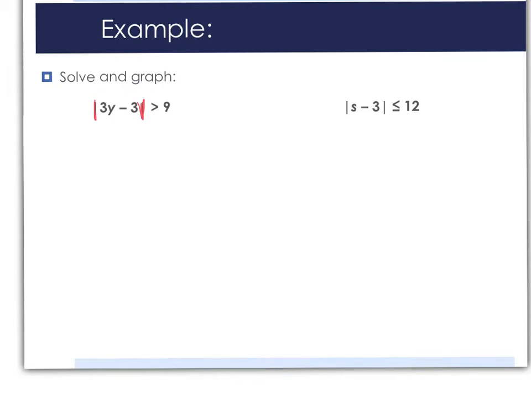Whatever is inside, 3y minus 3, can either be greater than 9, or 3y minus 3 is going to be, and now here, because it's negative 9, we're going to flip the switch and change it. So now I have my two inequalities.